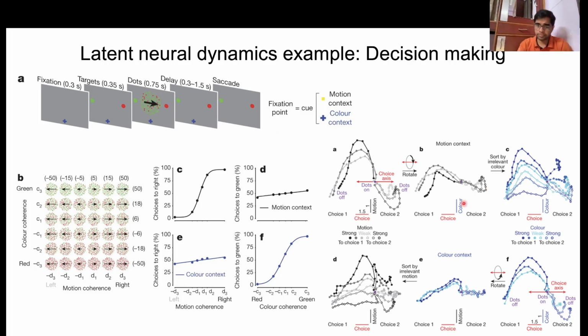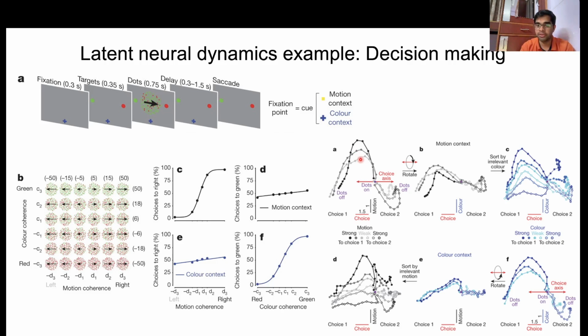So what you see here is the gray color shows the dynamics based on the coherence levels, how the monkey's choices are. Here you can clearly see when the motion is relevant in the motion context. Based on the coherence, the amplitude of the trajectory is different.